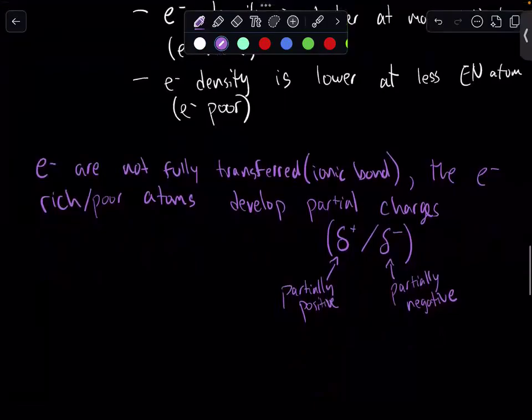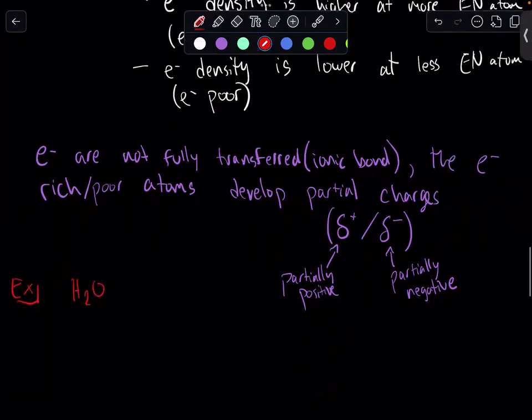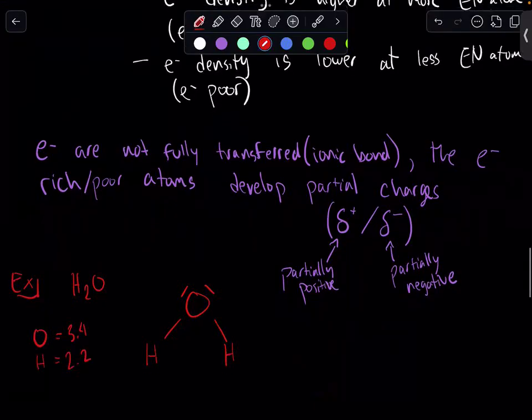So we can look at an example where this might happen. And one of the most famous examples is water. When we look at water's diagram, it looks like this, and oxygen has its two non-bonding pairs. We remember that oxygen has a value of 3.4, while hydrogen has a value of 2.2, meaning the electrons move towards oxygen.